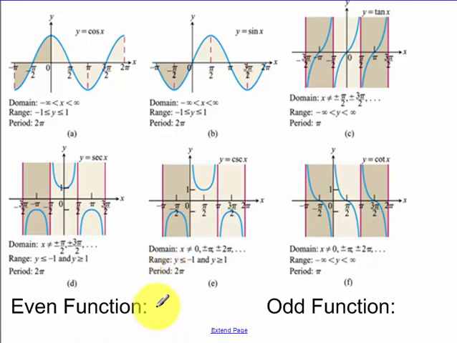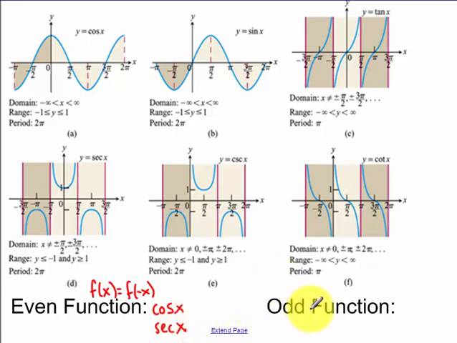Remember, even means I'm symmetric across the y-axis, which means, remember, even: f of x equals f of negative x. So an even function here would be cosine and the secant function.